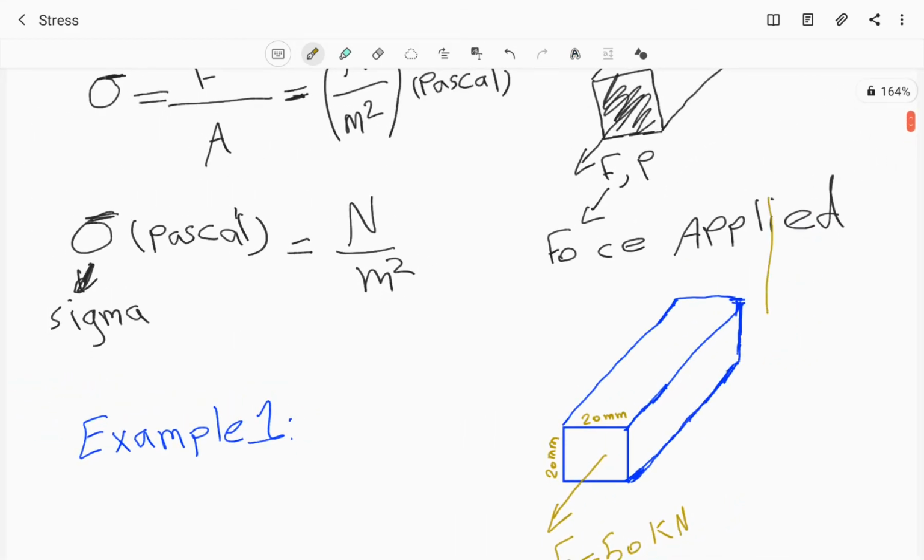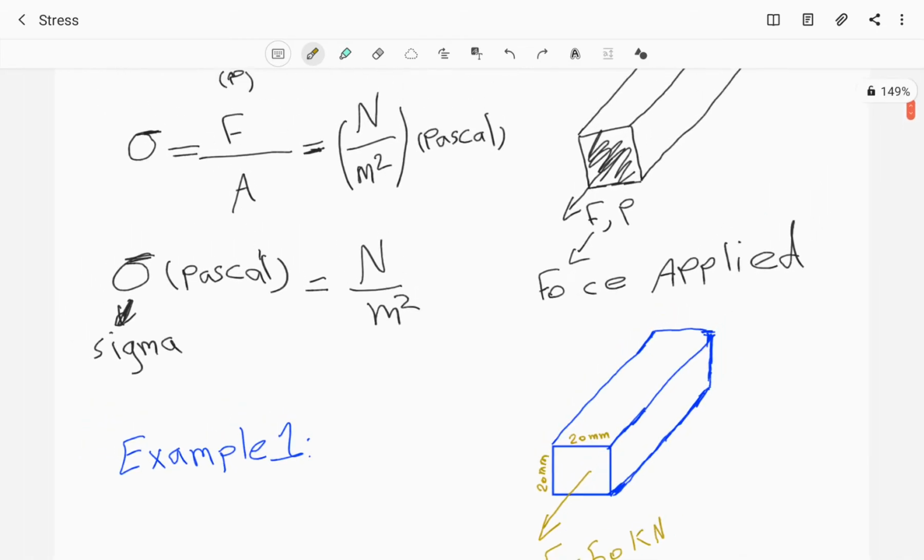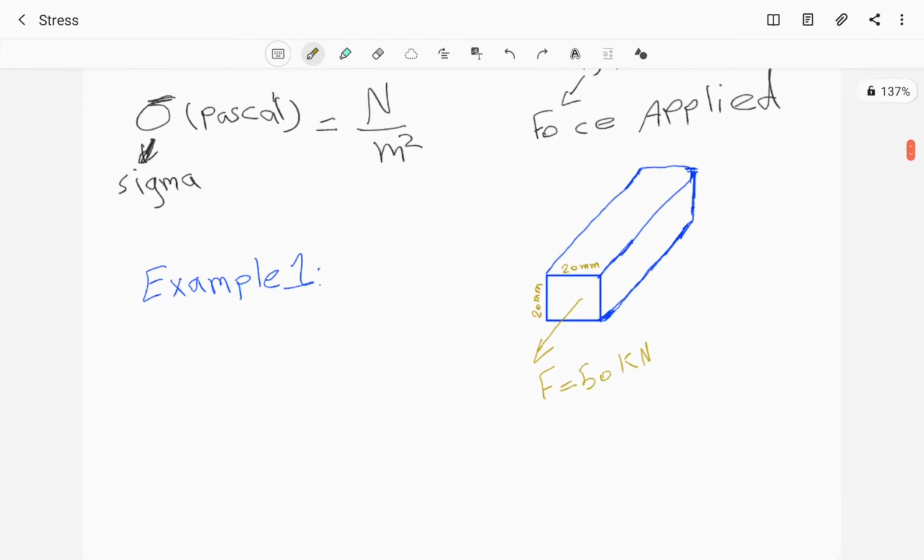So now we can see in this example that the member here has a force applied on it that measures 50 kilonewton, and given the dimensions of the area, which is basically 20 millimeter by 20 millimeter.